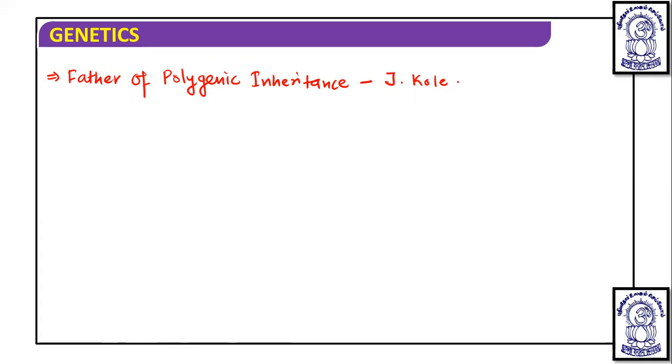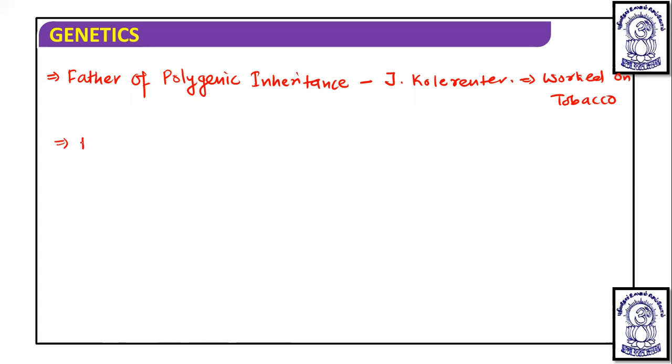The father of polygenic inheritance is J. Kolreuter, and he worked on tobacco.